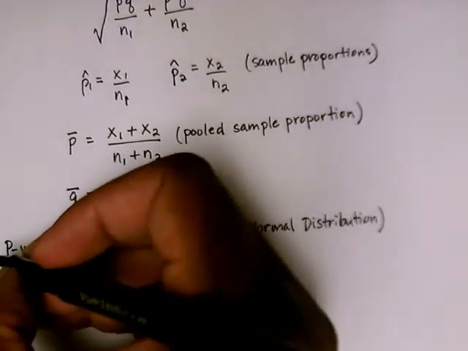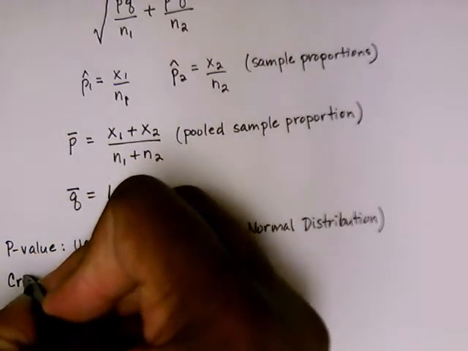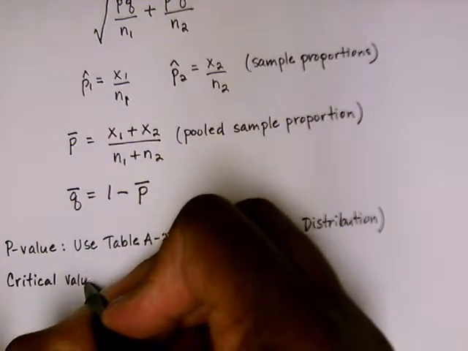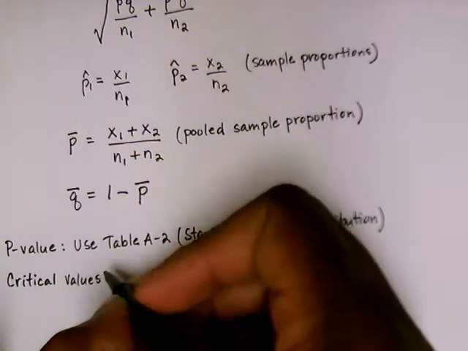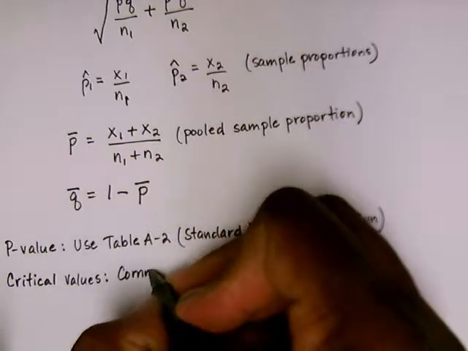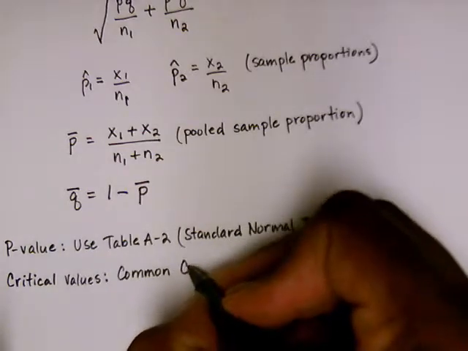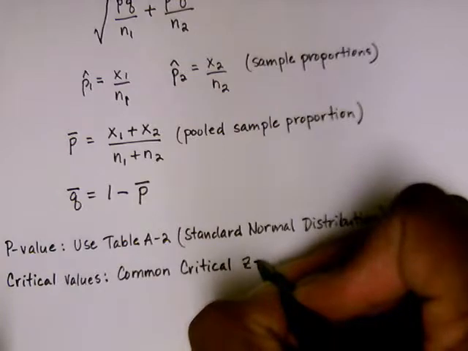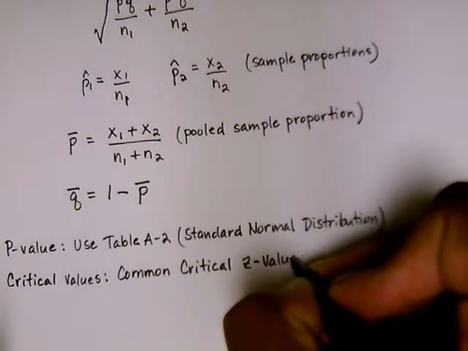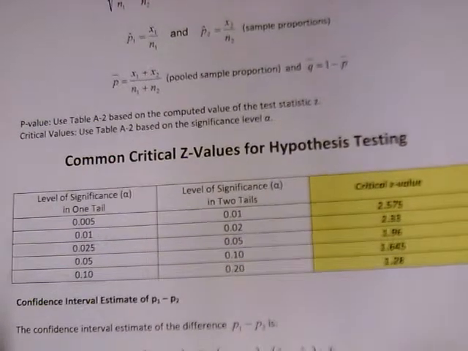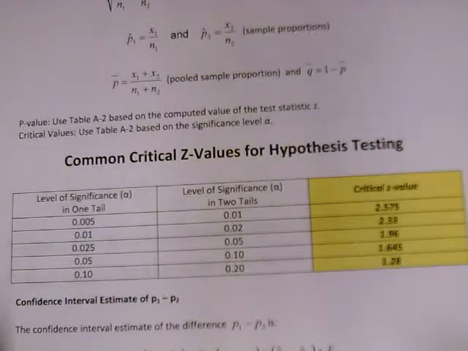Okay, now for the critical value, or critical values, I'm going to use what they call the common critical z-value table for hypothesis testing. And this is what that table looks like. Okay.